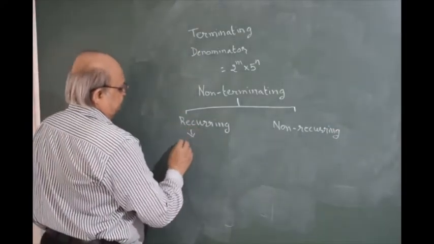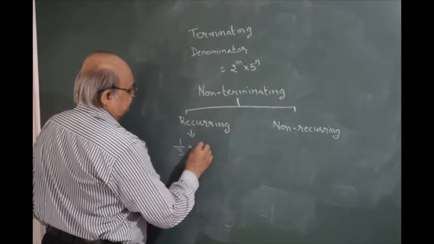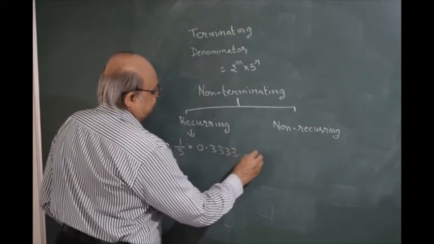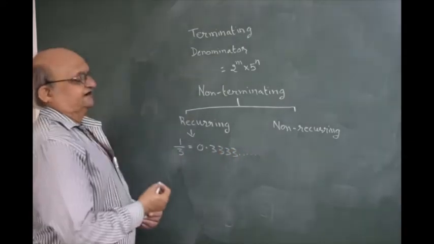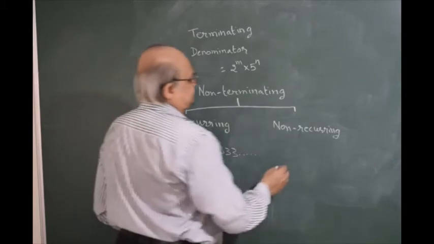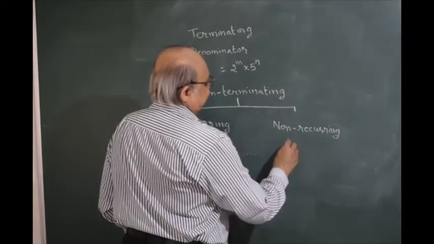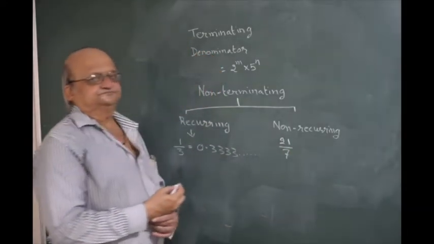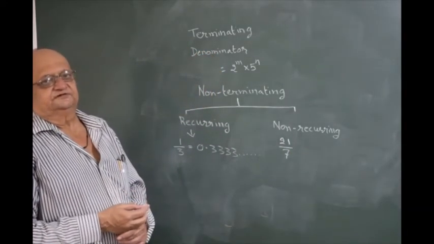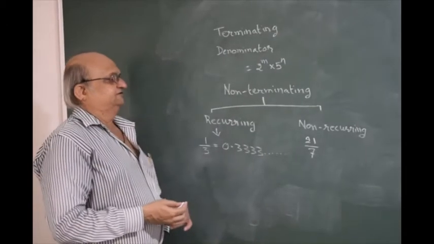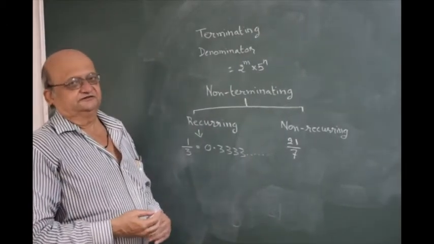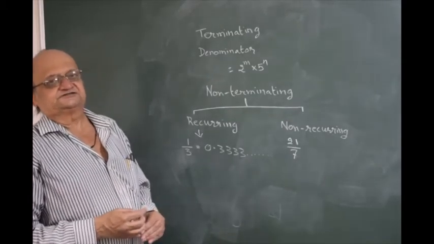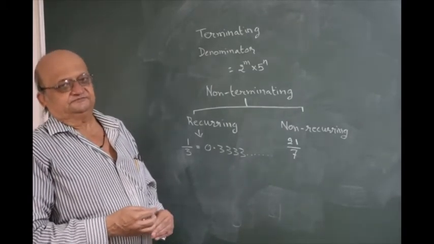The example 1 upon 3, which is 0.333333. And what are non-recurring decimals? 22 upon 7. We don't find any sequence recurring even till the 3000th place of the decimal.